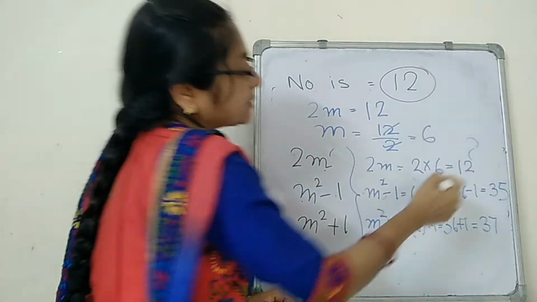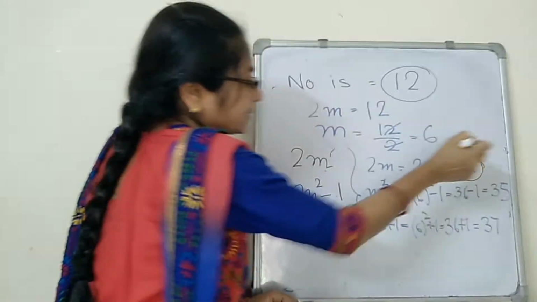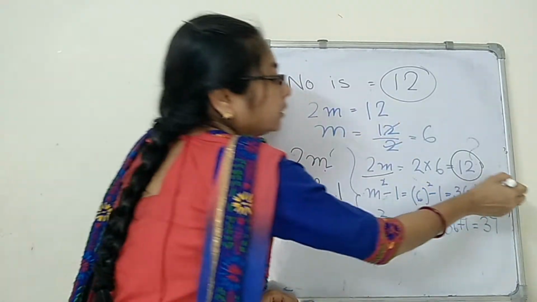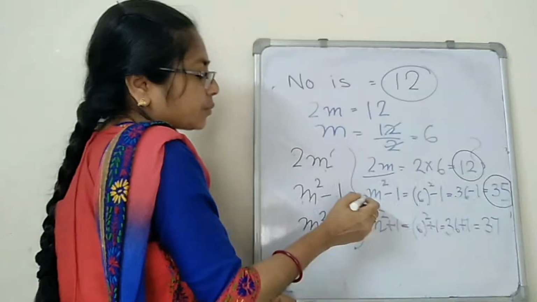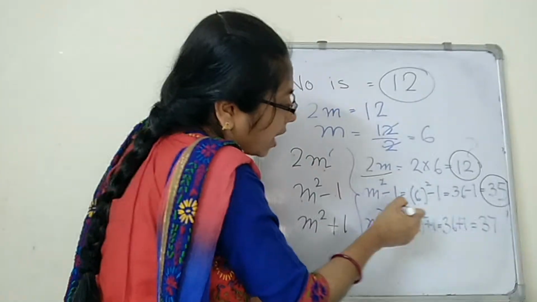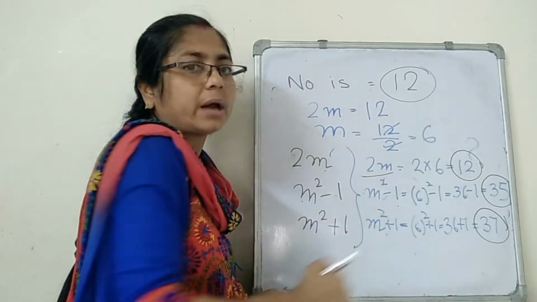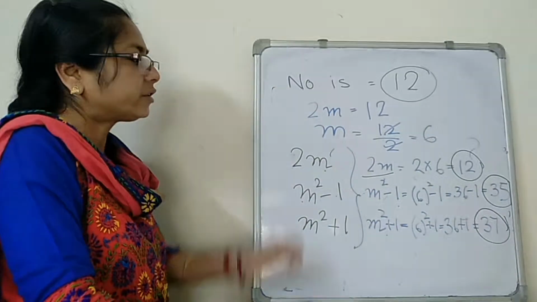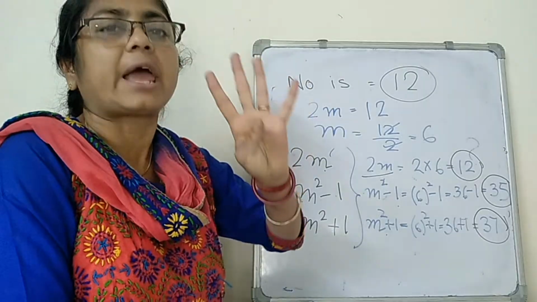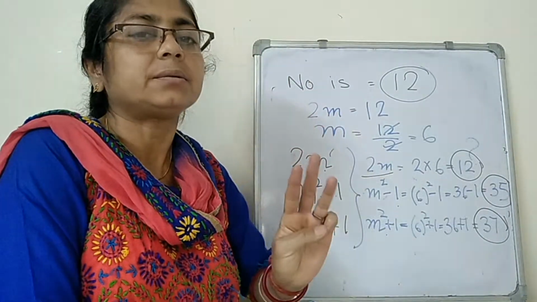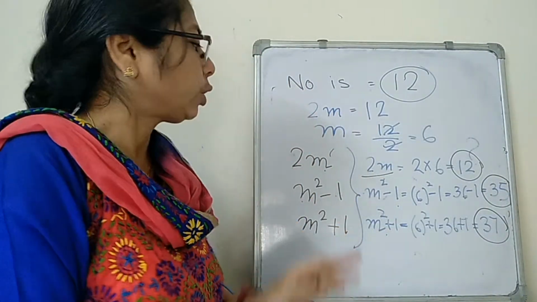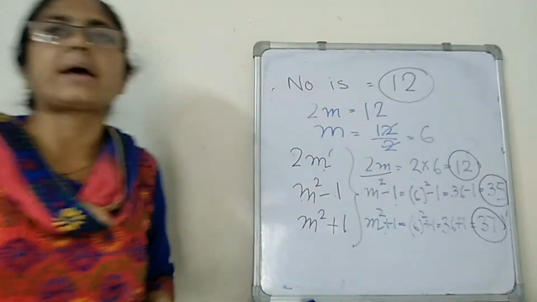So what's our answer? 12 comes from 2m. 35 comes from m square minus 1. 37 comes from m square plus 1. Clear? Triplet means the answer comes 3 times. Okay? Please copy it. Complete the math.